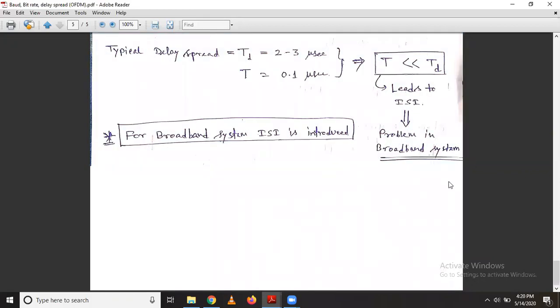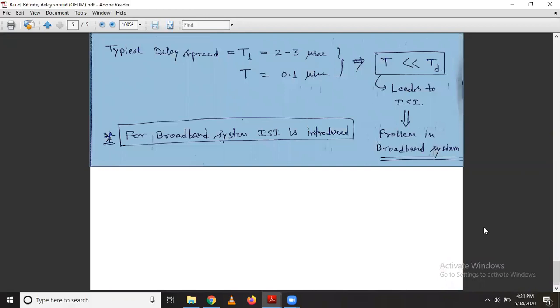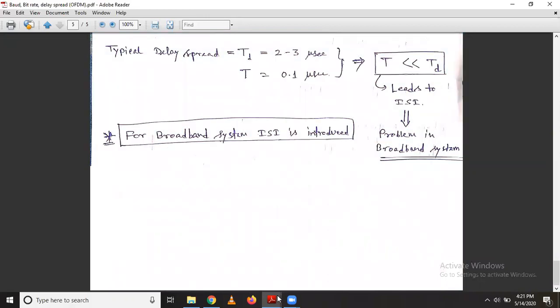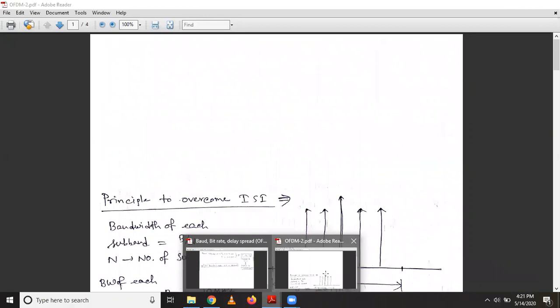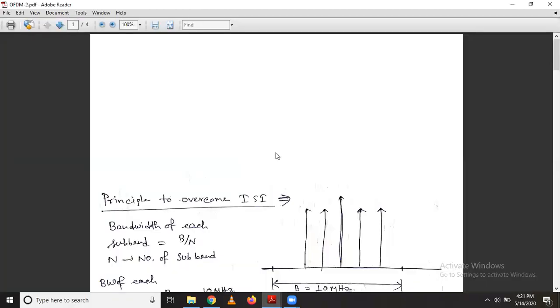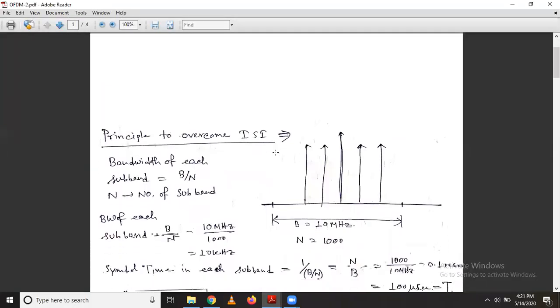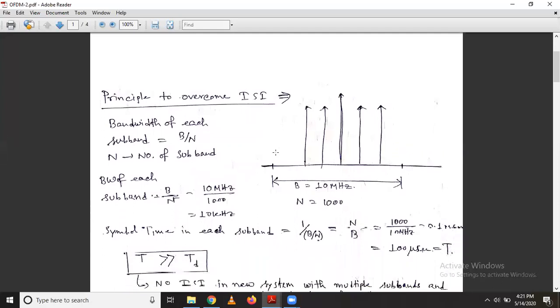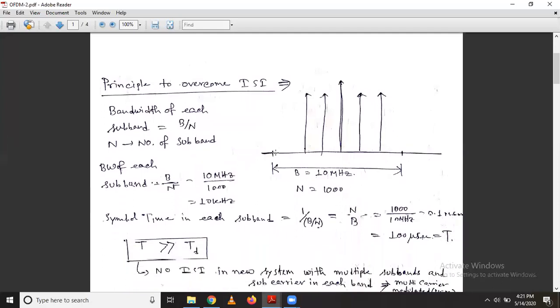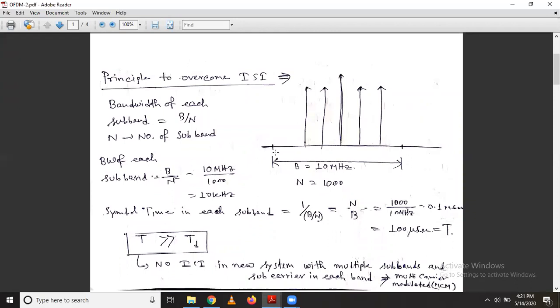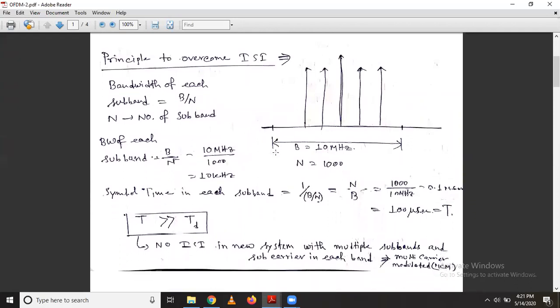How to overcome this problem? Up to this we have discussed last time. Now, the principle to overcome the inter-symbol interference for this wireless communication, in the case of OFDM actually.